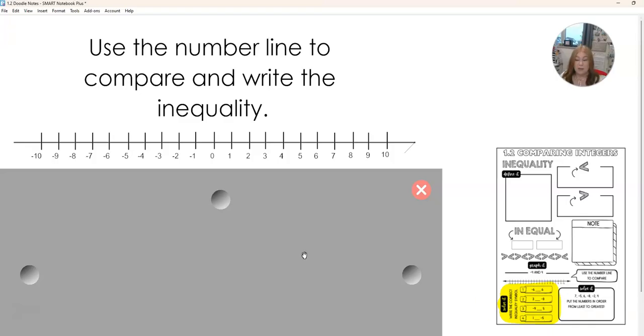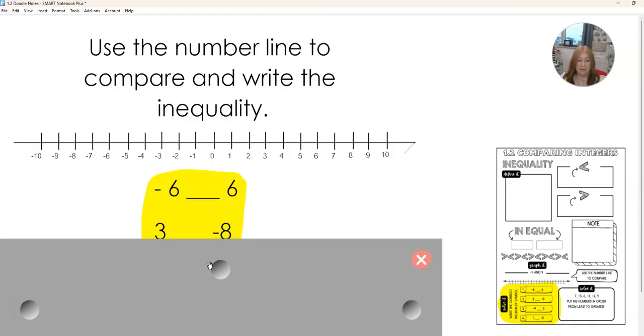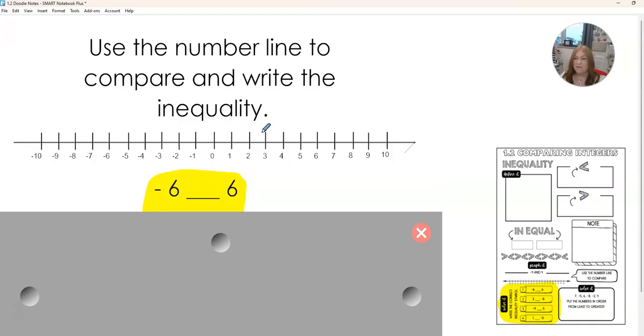So we're going to use the number line to answer these. If you just want to find them, you don't necessarily need to mark them, but you're looking at our number line. So we have -6 here and +6 here. So I can see this one's on the right. So this one, positive, is bigger.